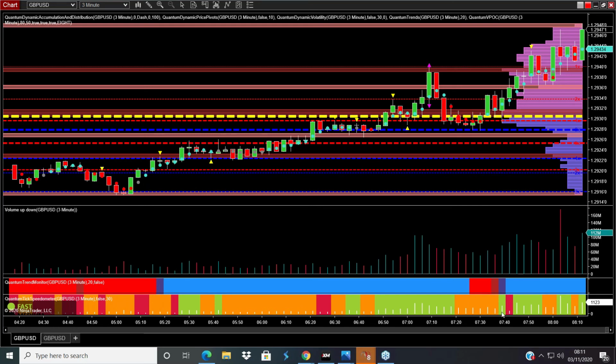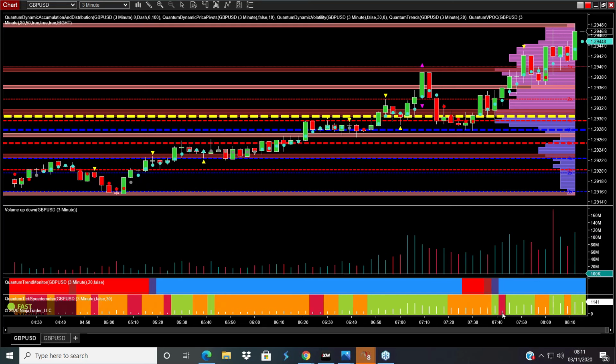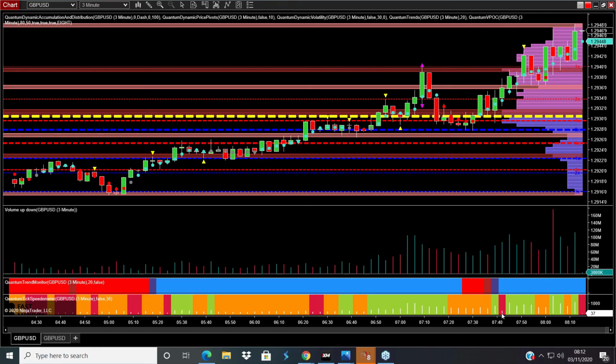I would possibly caution against taking a trade very close to the London Open, because the London Open is a classic for traps, for putting traders on the wrong side of the market. In this case, as I said, we had this failed breakout here, back to the volume point of control, back to this very strong area of support.